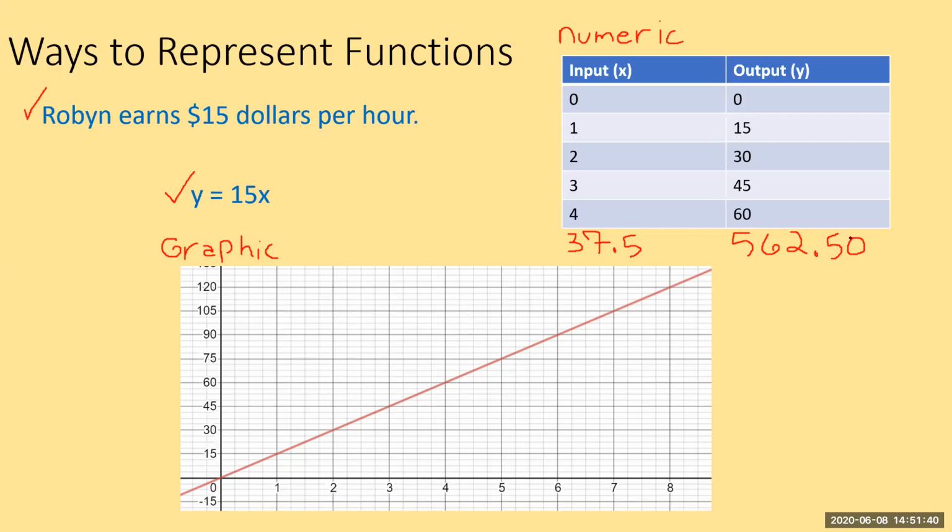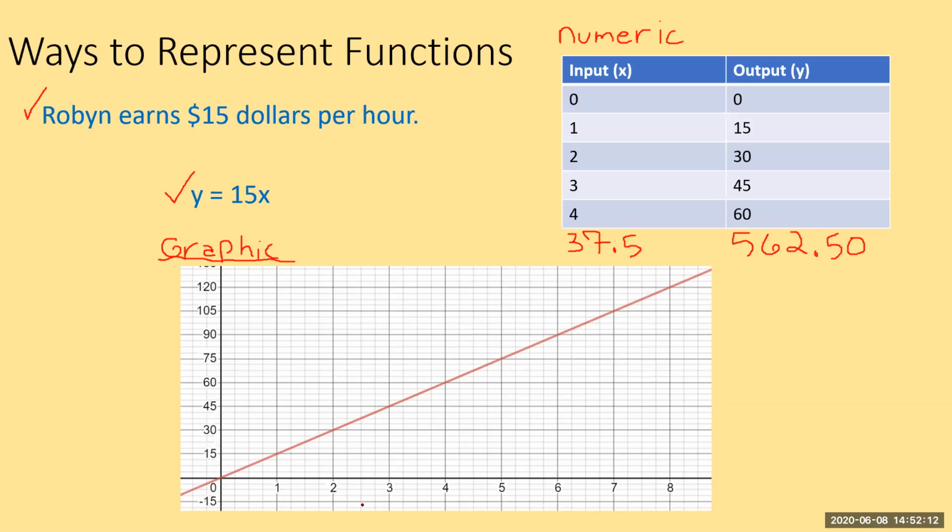So again, the numeric representation or the table representation just gives us a list of example inputs and outputs for this function. And then finally, we've got our graphic or visual representation of the function here. So that's going to involve using the coordinate plane, right? The coordinate plane has these X and Y axes that help us locate points on the plane. So what I've got here is a visual representation of this relationship between hours.